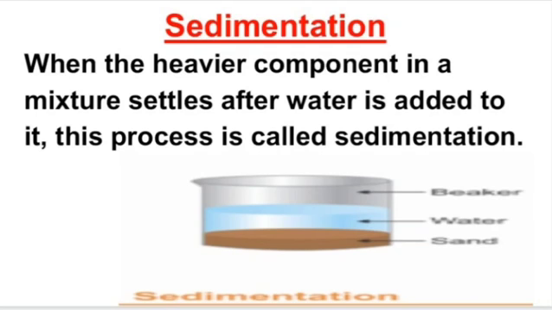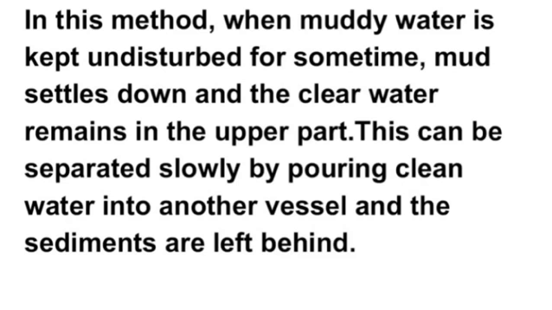Now this picture shows the sedimentation process. In this method, when muddy water is kept undisturbed for some time, then mud settles down, or we can say the soil settles down, and the clear water remains in the upper part, and this can be separated slowly by pouring clean water into another vessel, and the sediments are left behind, means the soil is left behind, which is called sediments.